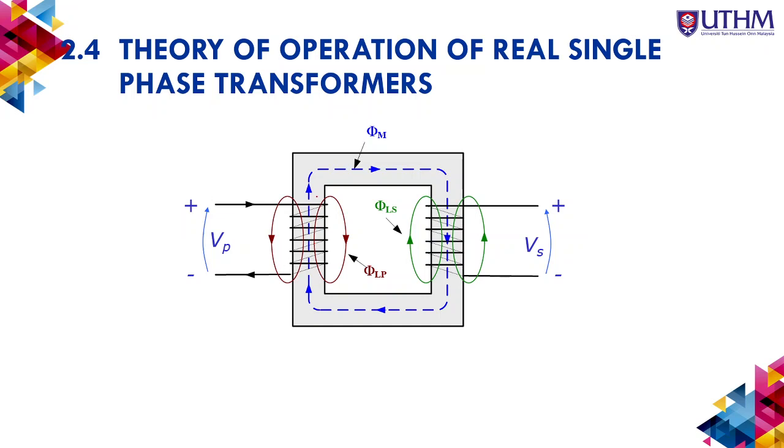And then we know that in between the winding here there will be a leakage. So the leakage is called the primary flux leakage. So the others, the part that does not leak, will go through here. Okay, same goes to the secondary.